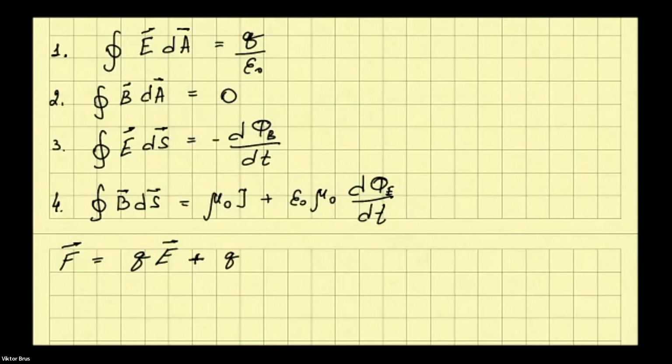It will be Q times V vector product with B vector. So this combination of 5 equations provides us all necessary information about any electromagnetic field and also its interaction with electric charge.